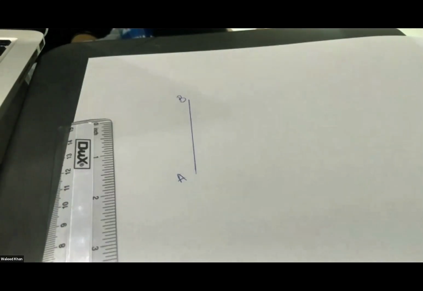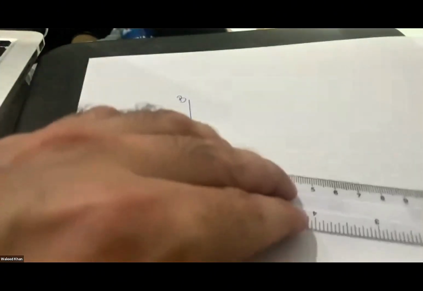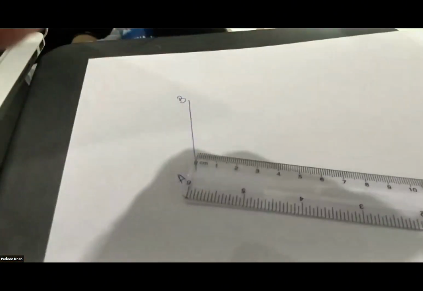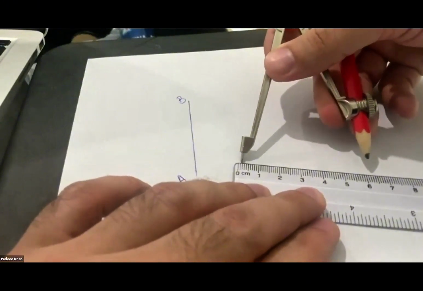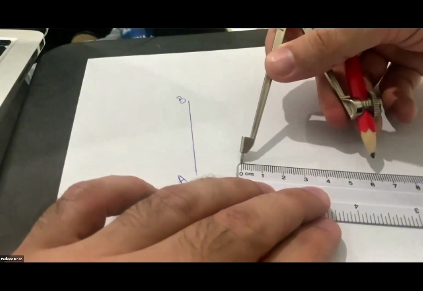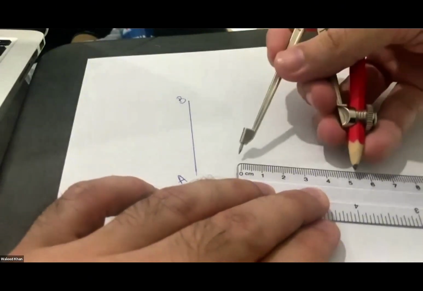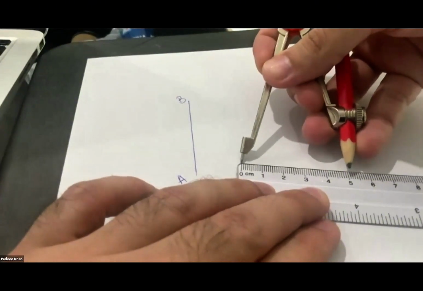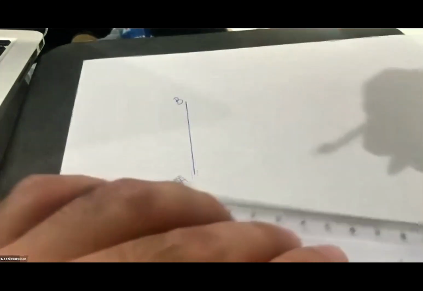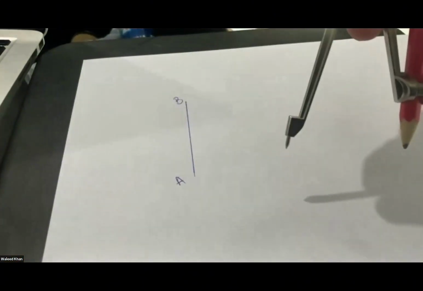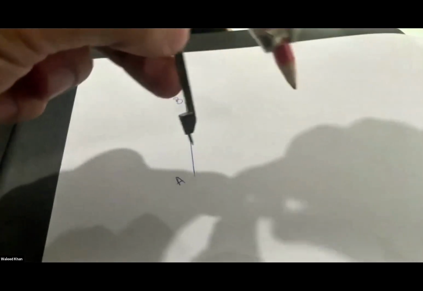Let me show it to you. Like this. Five centimeters. Do not change your compass setting. Keep it as it is. Place it at A.